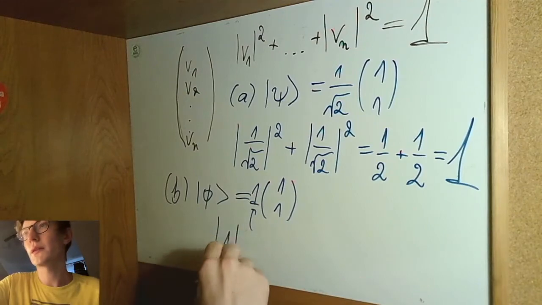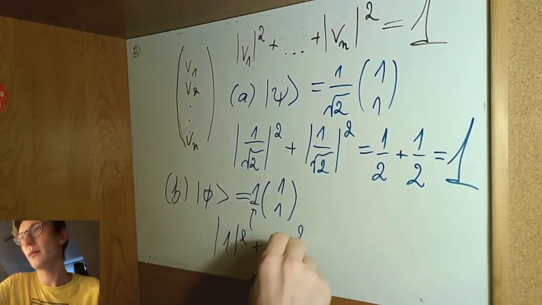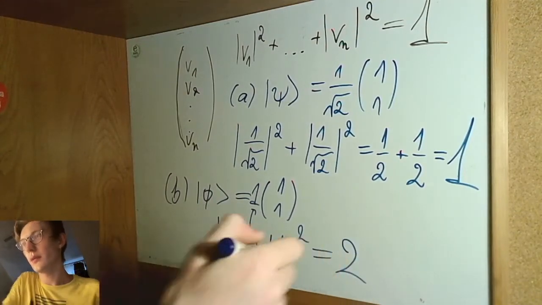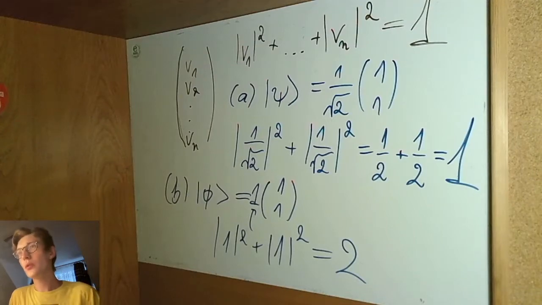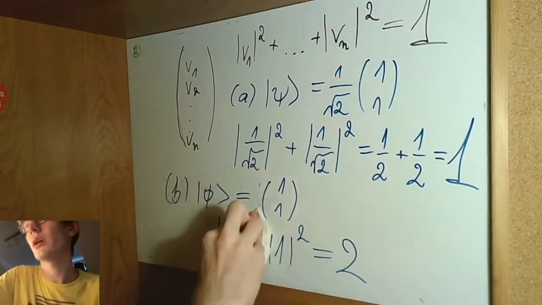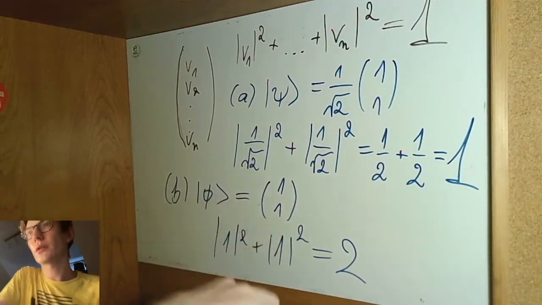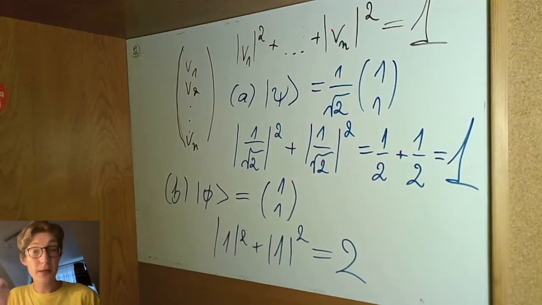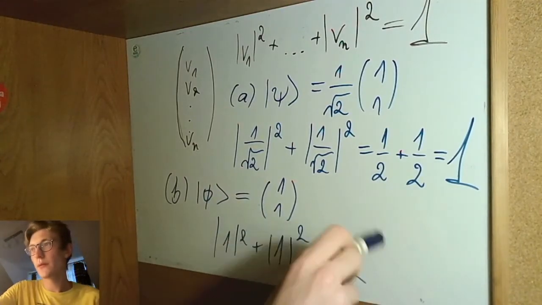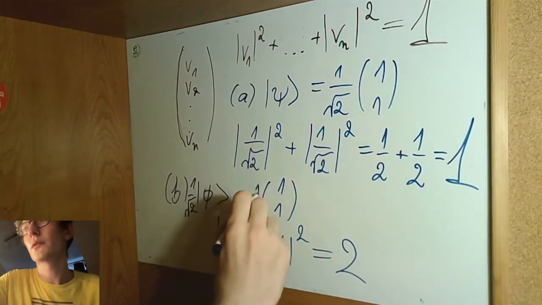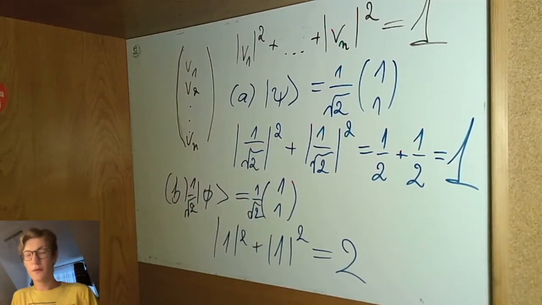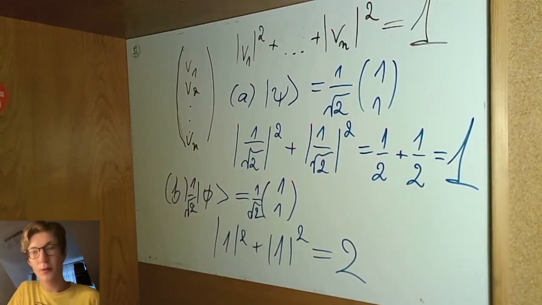In fact, the outcome of our formula is 2. So to normalize this vector, we have to divide it by the square root of this number that we got here, so by 1 over square root of 2. So we get the same vector as we had in the first example.